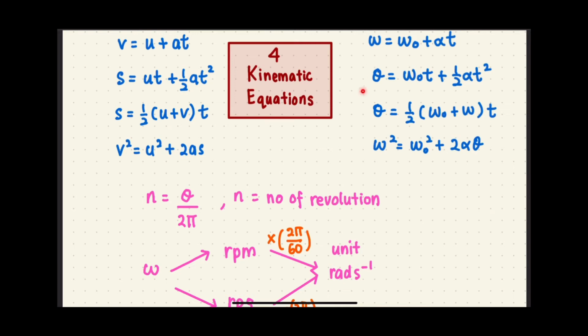For example, if in this equation you get theta is 2 pi, and the question asks how many revolutions, after you get theta you divide it by 2 pi, because 1 revolution is equal to 2 pi. So the number of revolutions we get is 1.